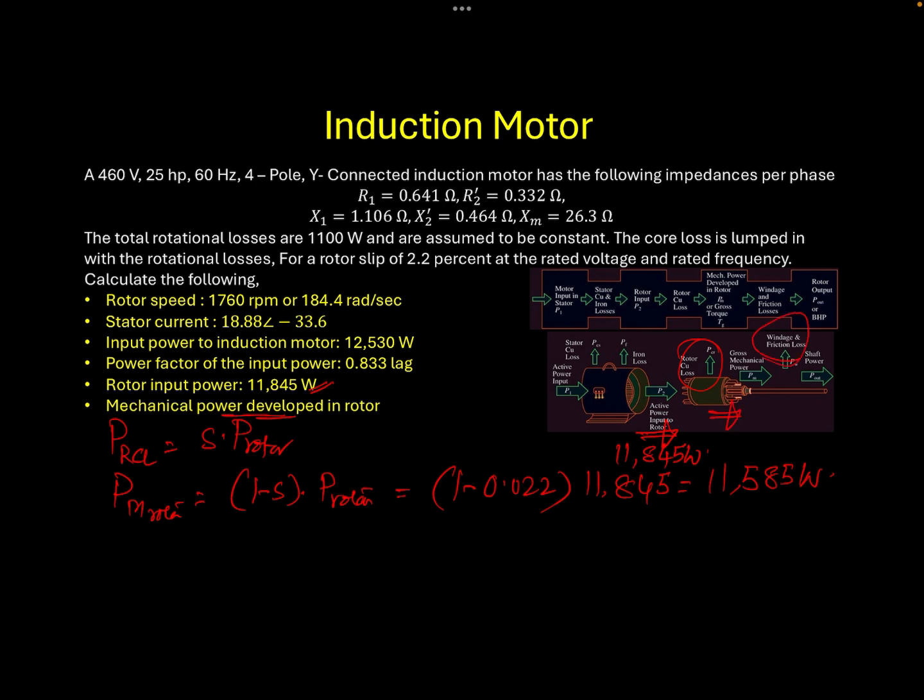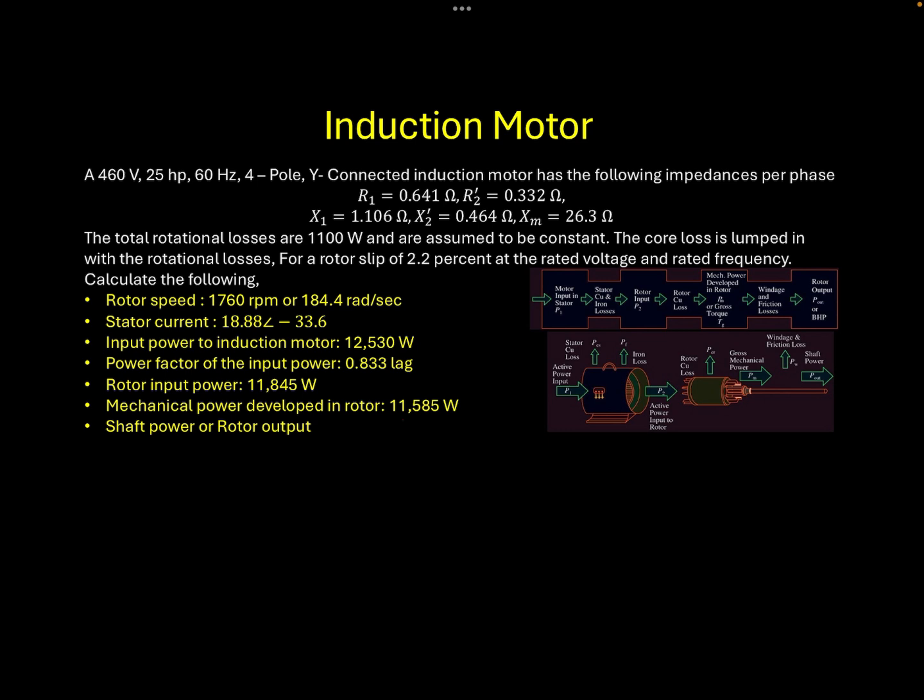Once you have this power coming out from the rotor, there will be friction and windage losses. If you wanted to know the amount of power you get at the shaft, the shaft power output is the power we got here, 11,585, minus the friction and windage losses.